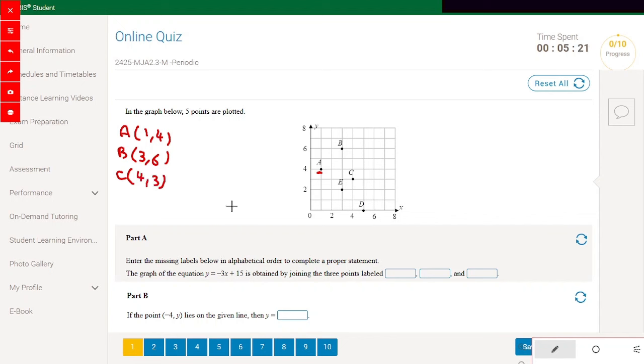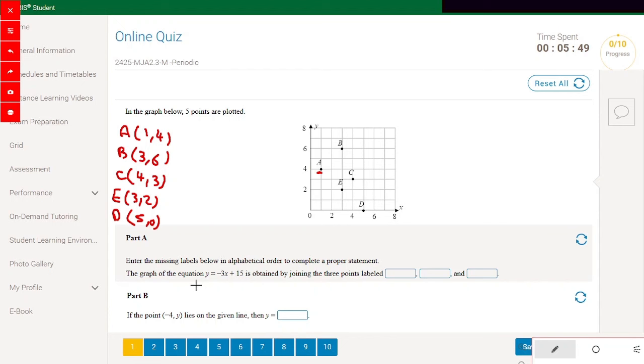And E is 3 and 2. D is 5. There is no y, so 0. 5 and 0.